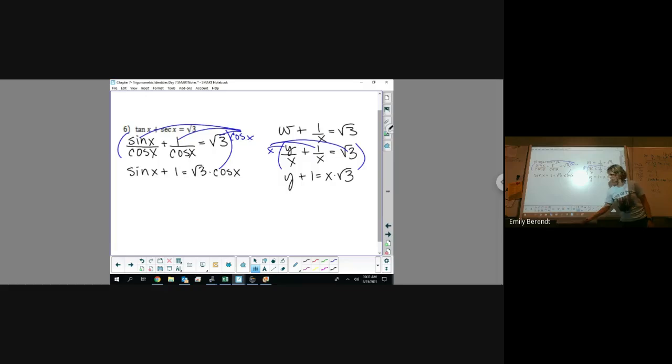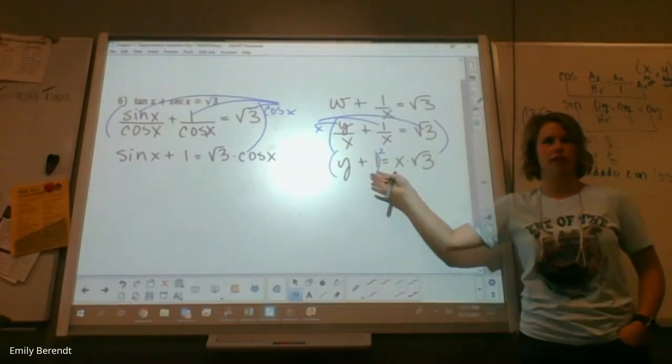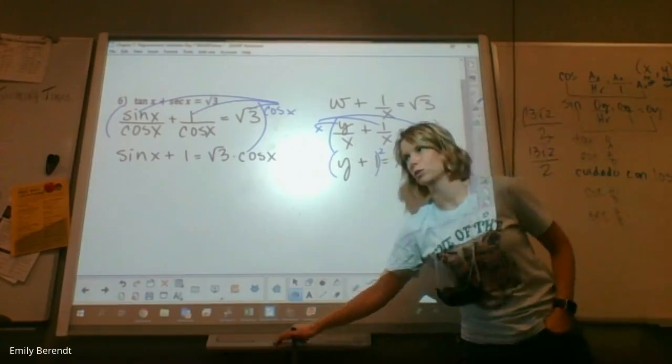Whoa. We're going to square it. So over here, if we were to square this, what would we do to the y plus 1? You don't say distribute the square or the math popo will come after you. How do you multiply y plus 1 times itself? y plus 1 times y plus 1.